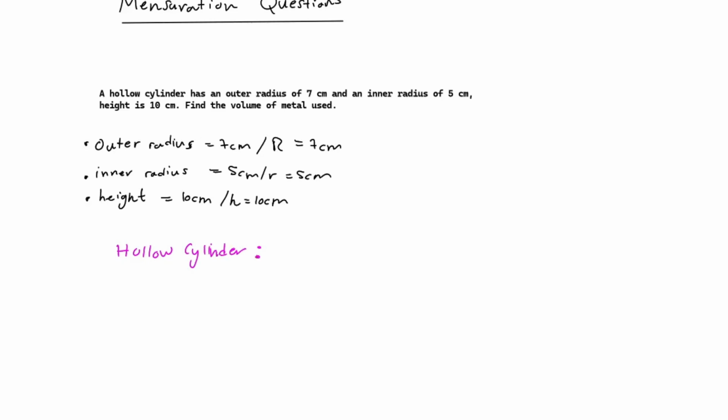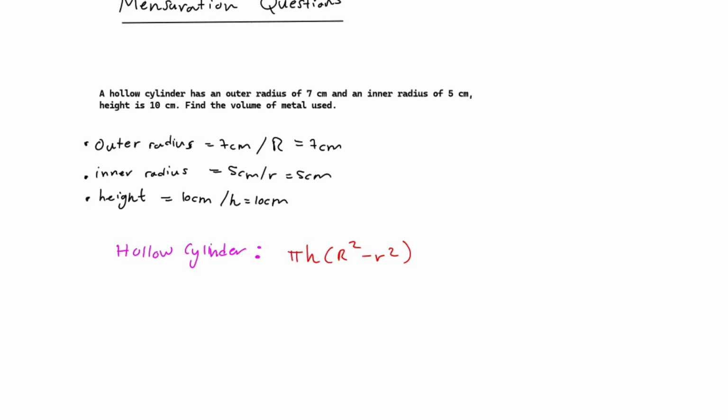It's basically going to be equal to pi times the height times the radius squared, which is the outer radius squared, subtract the inner radius squared. Which makes sense, right? This is a formula that you can memorize, or you can derive it. Because if we know the original formula of a cylinder, we can derive this formula.